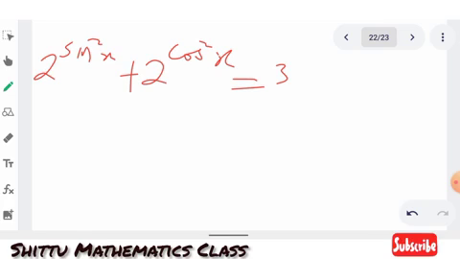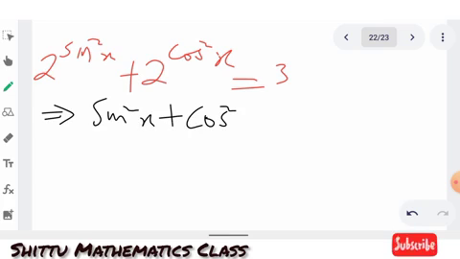To solve for the value of x, all our concern is to bring those powers down and get our x. To do that, do not forget that we have a trig identity that says sine square x plus cos square x equals 1.